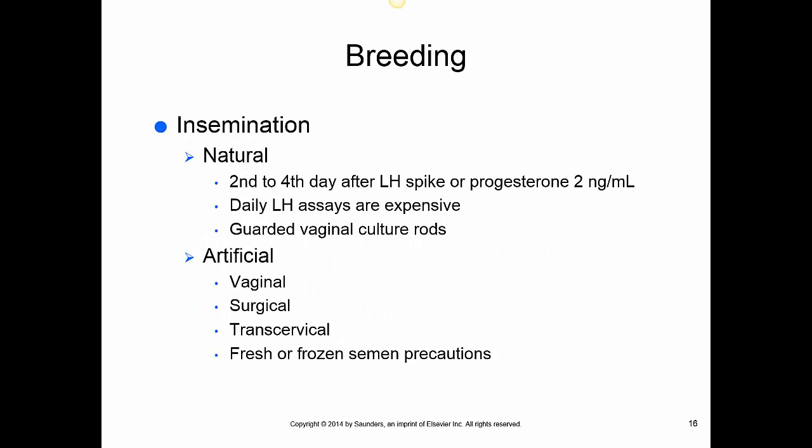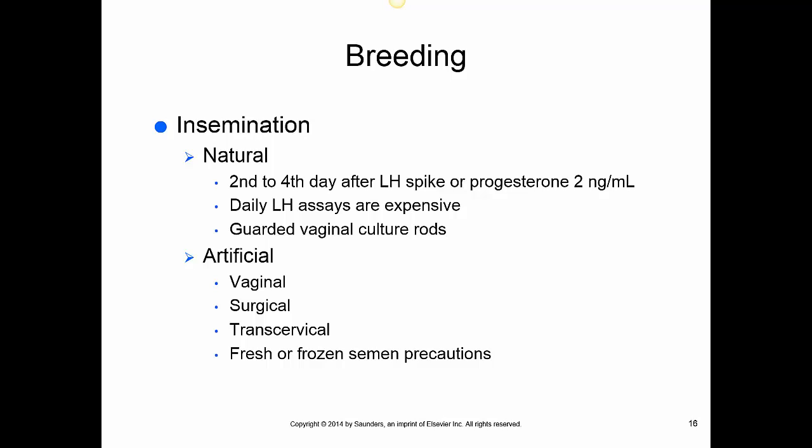When we look at breeding dogs, there's natural breeding. And there's several different ways. One is when she's actually receptive during estrus, to put the bitch and the stud together. We can also monitor things like hormone levels and watch for the LH spike and increase in progesterone, and do daily assays.